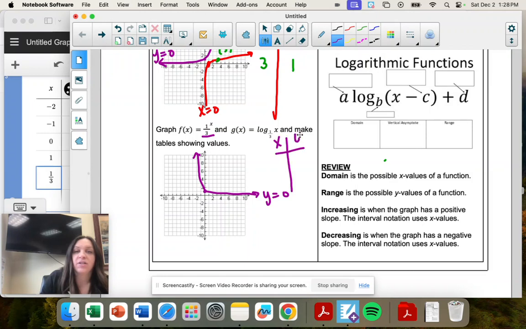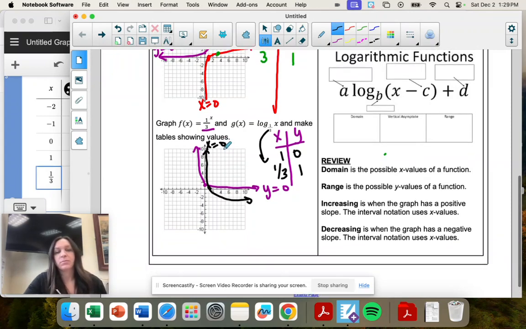So on our log function, when x is 1, y is 0, but when y is 1, x is the base. So our base is here, and then it goes through 1. Those points are really close here, and our asymptote stays at x equals 0.